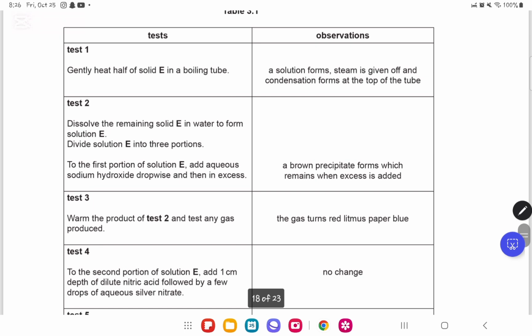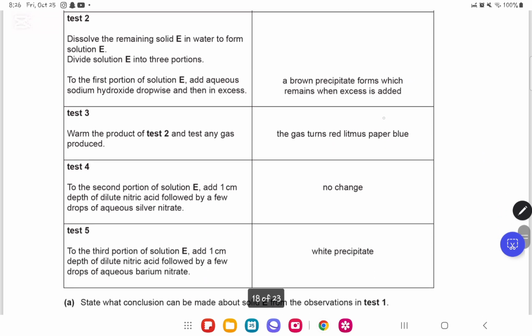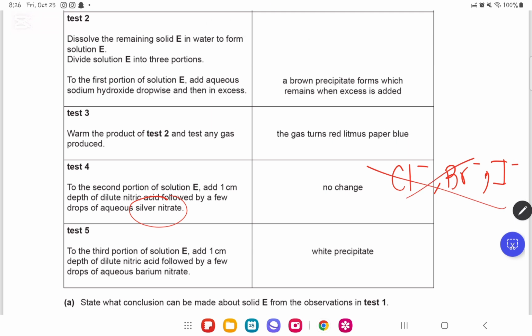Let's go down. Then they did a test that turns red litmus paper blue. That means which gas is released? NH3, ammonia gas is released. There is no change by adding silver nitrate, so it definitely doesn't contain Cl minus, Br minus, or I minus. And then, look, this is very important.